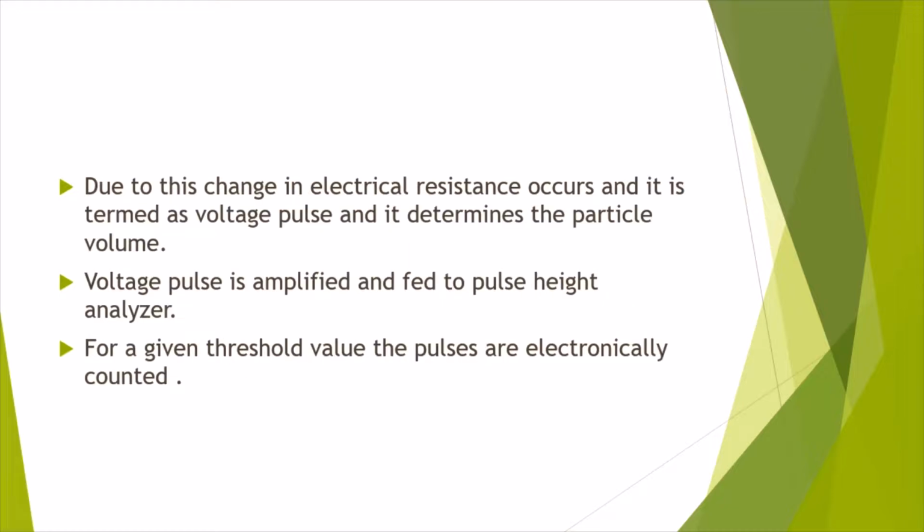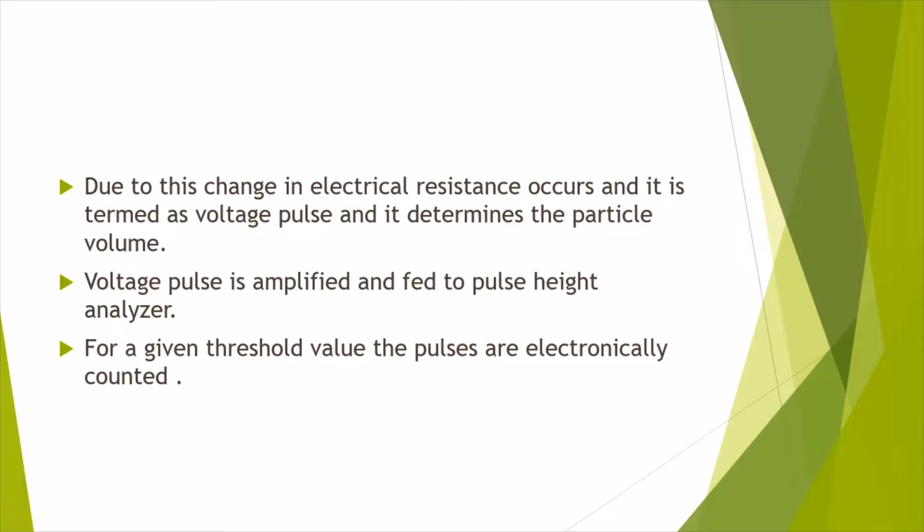Due to this, a change in the electrical resistance occurs, and as per Ohm's law, V equals IR. As the voltage changes, the resistance also changes, and this is termed a voltage pulse, which determines the particle volume. By the change in resistance, we can easily find out the particle volume.